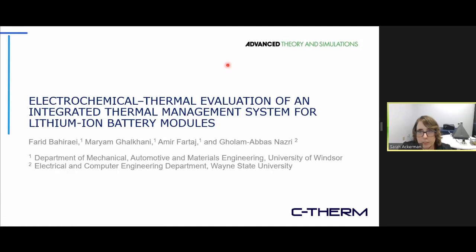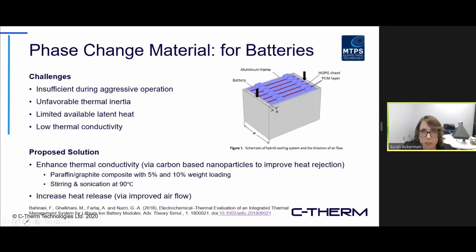This data is taken from Advanced Theory and Simulations, looking at a phase change material thermal management system for battery vehicles, specifically lithium ion battery modules for electrical vehicles.